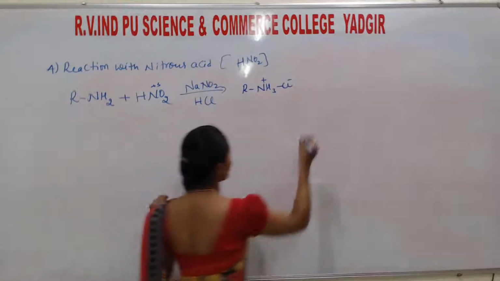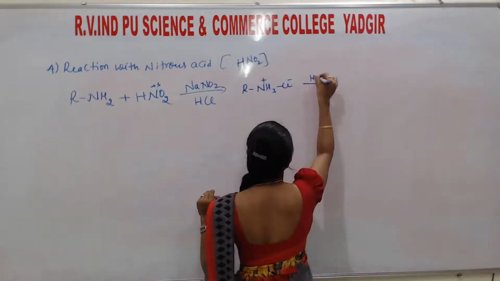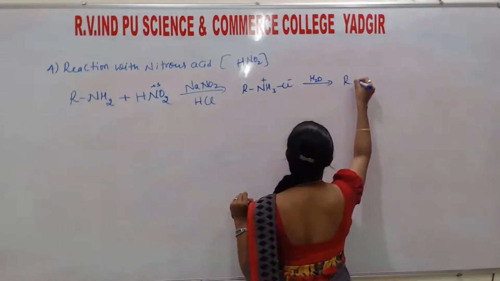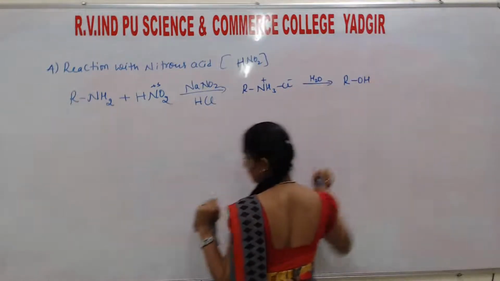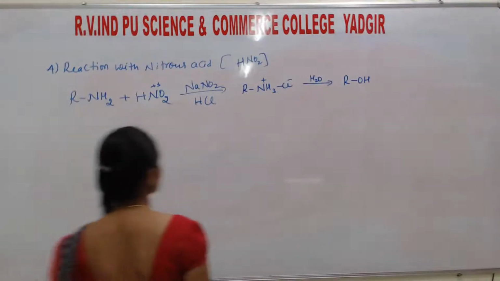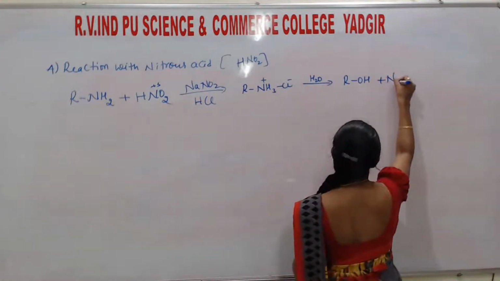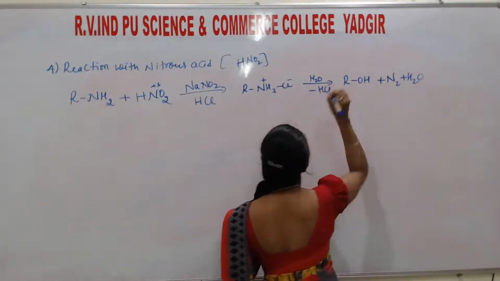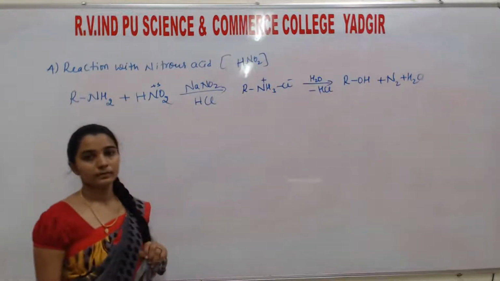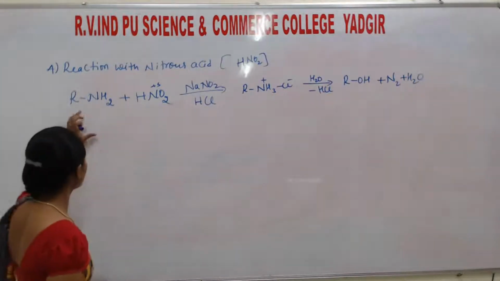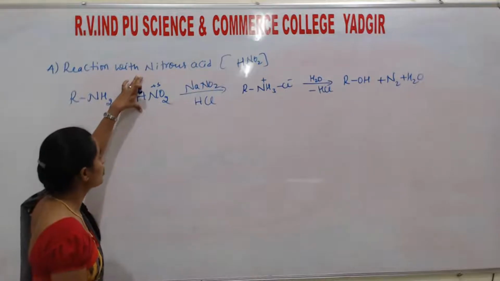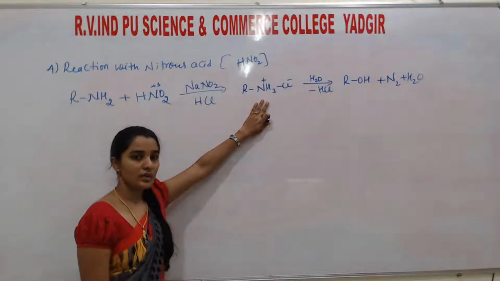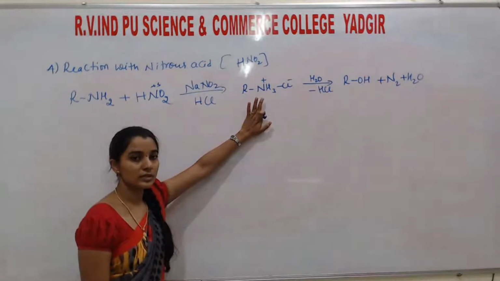Okay, which on further hydrolysis gives ROH plus N2 plus H2O with the liberation of HCl. Understand? So first, when the amines react with HNO2, that is nitrous acid, they give ammonium salts, that is quaternary ammonium salts.